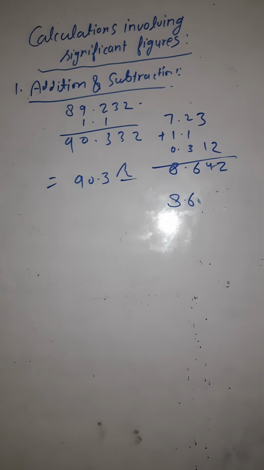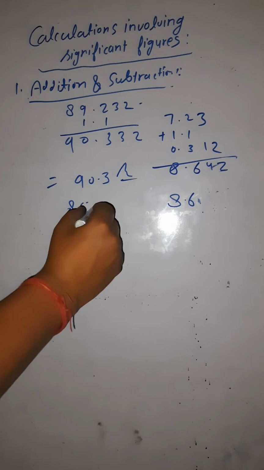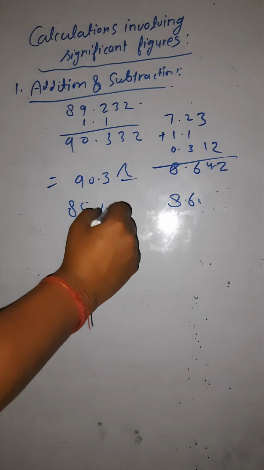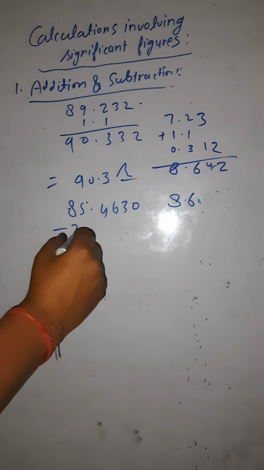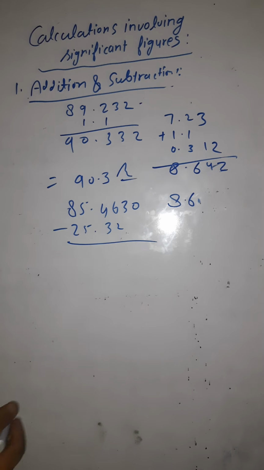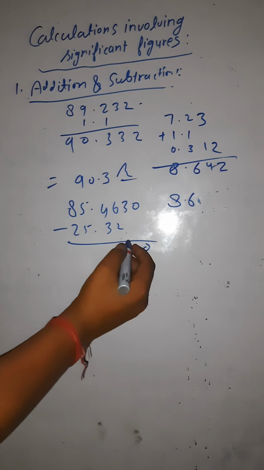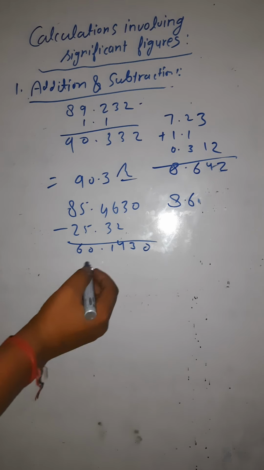Okay, one more example I am giving you for the subtraction here. Let's say we have the number 85.4630, and here you have to subtract 25.32. If you subtract, you get 60.1430.